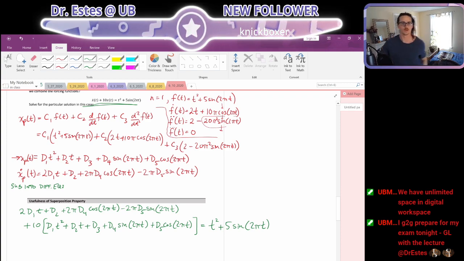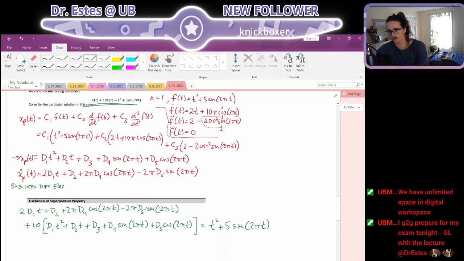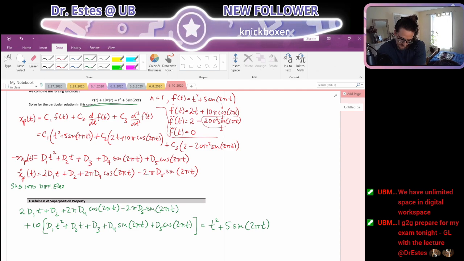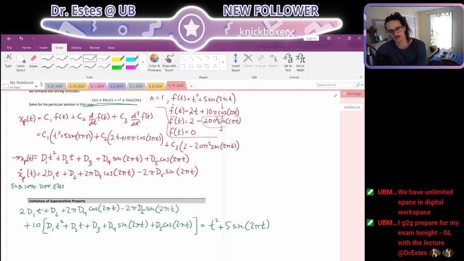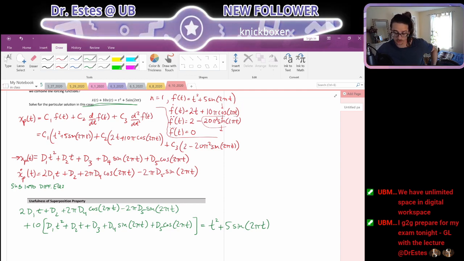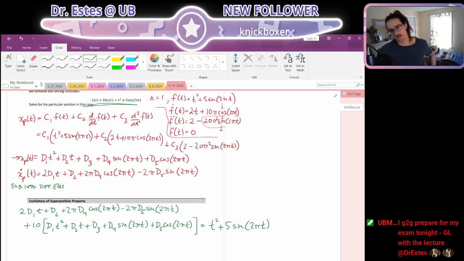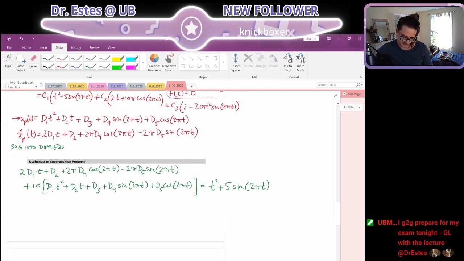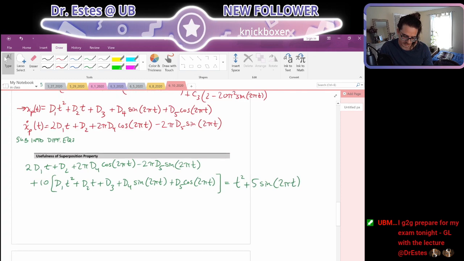Whew! That's a lot of writing. Now, what we have to do to solve for d1, d2, d3, d4, d5, we have to equate similar terms from the left and right hand side.